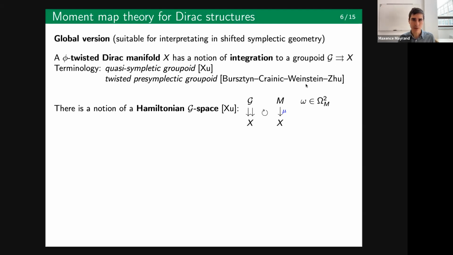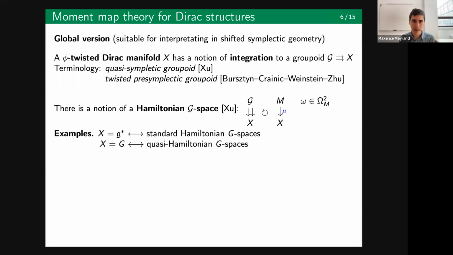So, and there's also a notion of a Hamiltonian G space. So that's an action of a quasi-symplectic groupoid on a manifold endowed with a two-form with various compatibility conditions. So this generalizes standard Hamiltonian G spaces for a Lie group G, where we take X to be the dual of the Lie algebra, and quasi-Hamiltonian G spaces where we take X to be a Lie group G whose Lie algebra has a non-degenerate symmetric pairing, there's a Dirac structure on that called the Cartan Dirac structure.